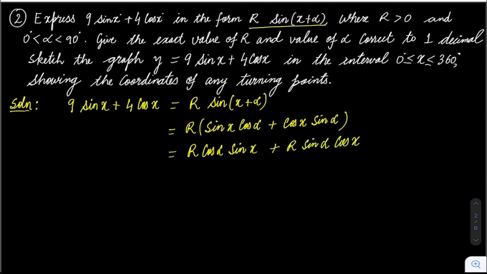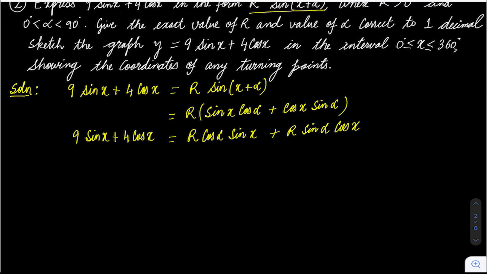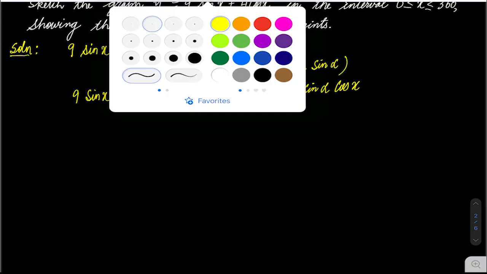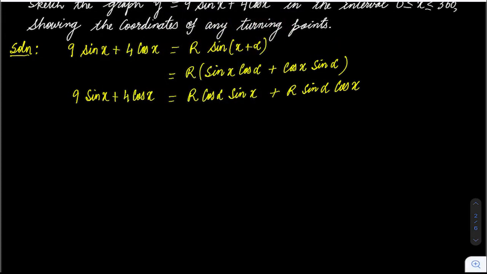And this is nothing but 9 times sin x plus 4 times cos x. Okay, so once you see this, you can compare the coefficients. When you compare the coefficients, the sin x coefficient is R cos alpha and the sin x coefficient on the left side is 9. So 9 should be equal to R cos alpha, and the cos x coefficient is R sin alpha and on the left side it's 4.